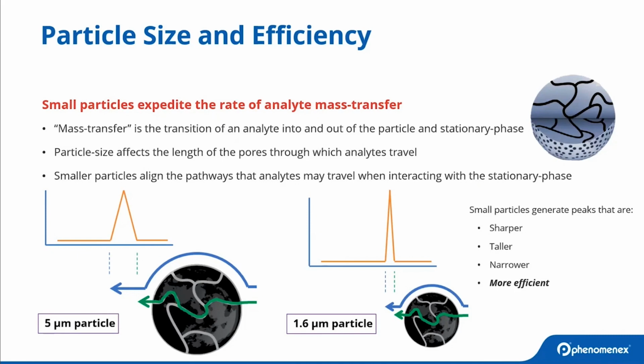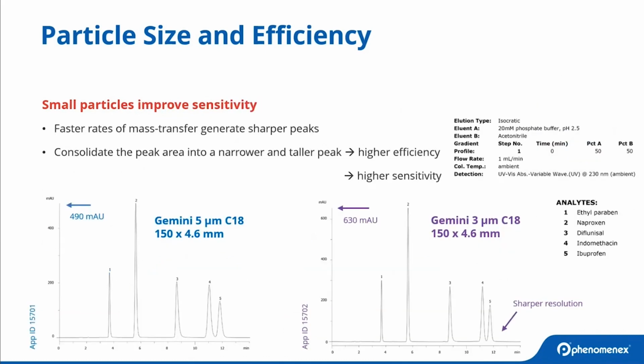What we are doing is consolidating all those molecules into a very narrow band such that the peak area must be manifested as a narrower and taller peak. Peak area is always going to be proportional to the amount of analyte that you actually load onto a column. The question is whether that area is spread out in the form of a broad peak or is narrow, sharp, and tall so as to generate a more efficient peak.